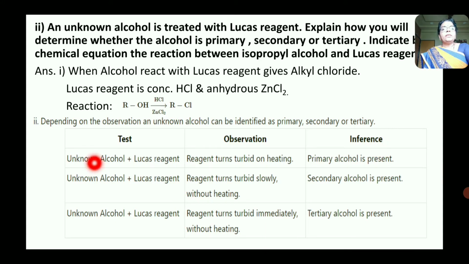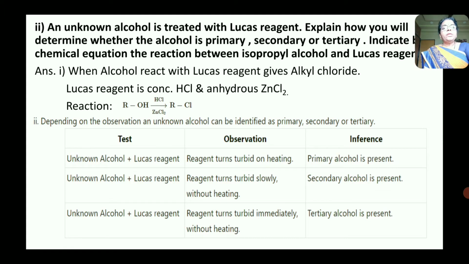Now second test, when unknown alcohol is treated with Lucas reagent, then reagent turns turbid slowly without heating. That is, slowly the reaction is carried out, but it does not require any heating. Then here you can say that this alcohol is secondary alcohol.